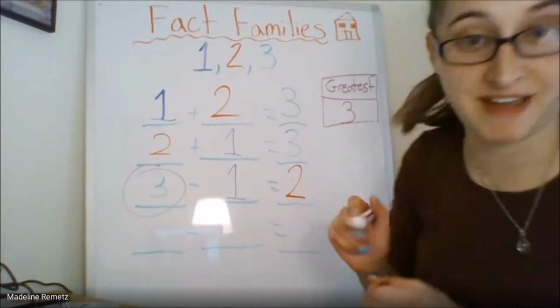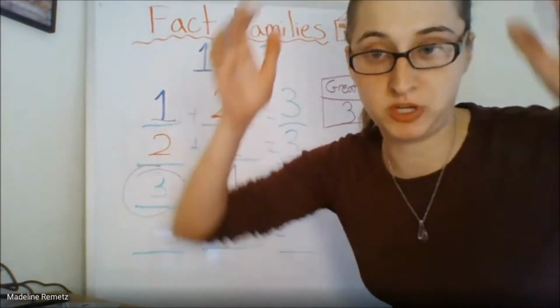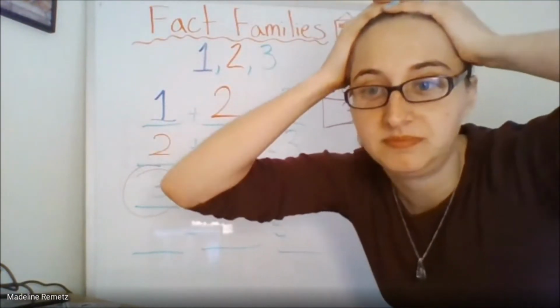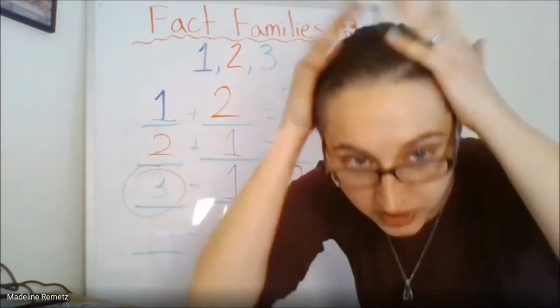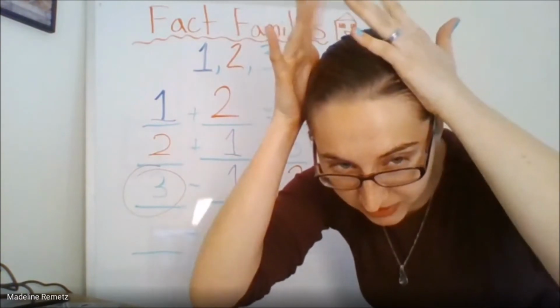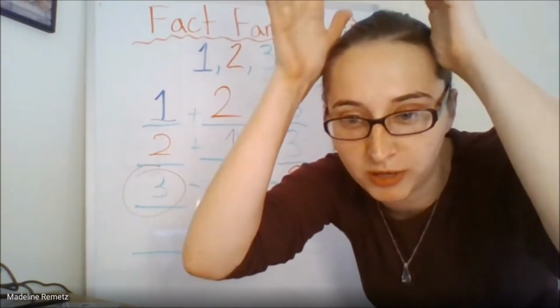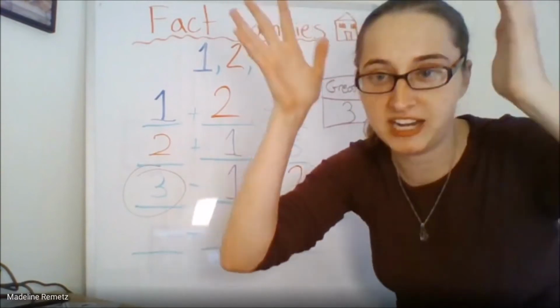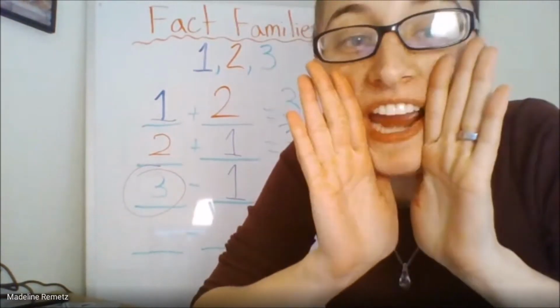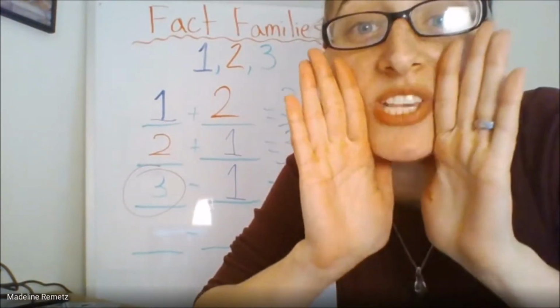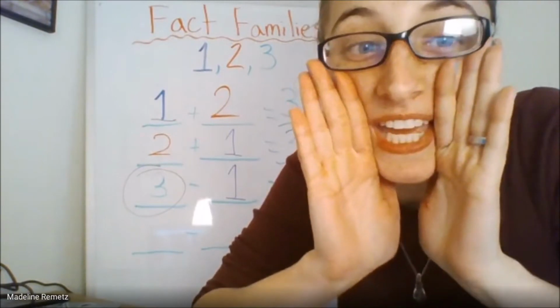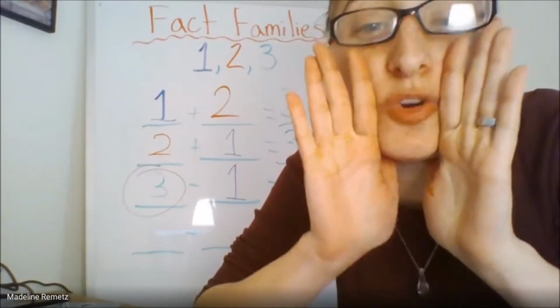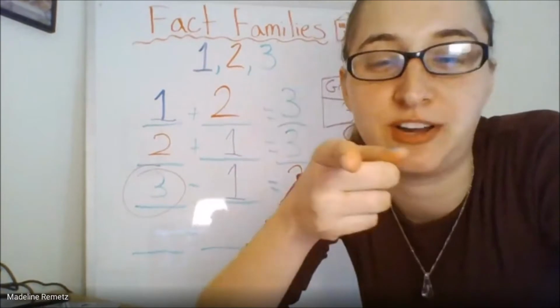Whenever you're doing a fact family, and everyone, I want you to put your hands on your head, and you're going to suck in all the knowledge I'm telling you so that you can do your homework perfect today. Ready? The greatest number always goes first in subtraction. Some of you took your hands off your head.